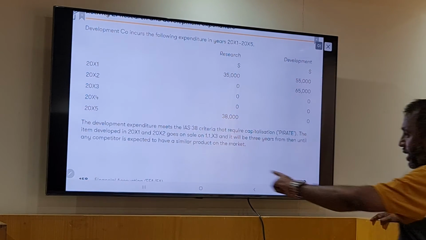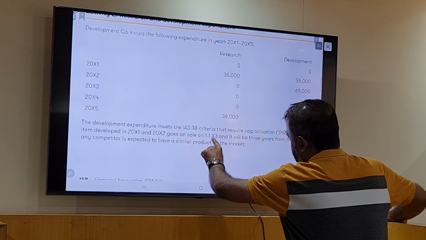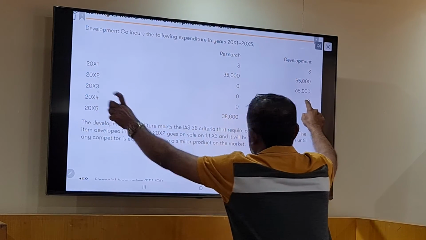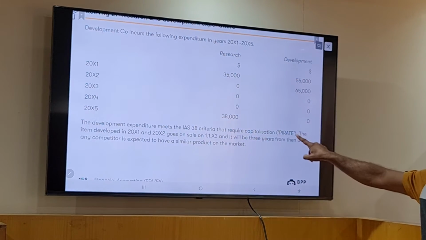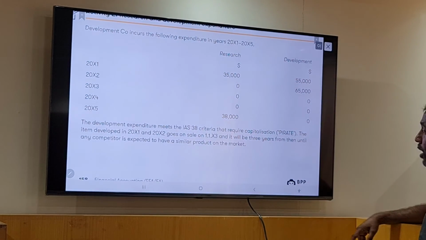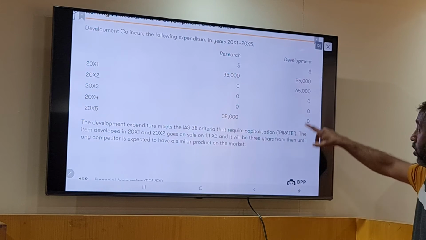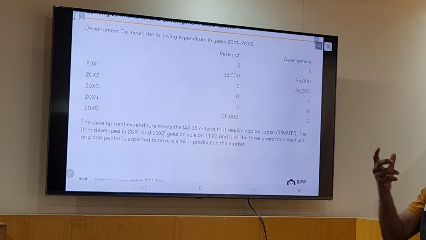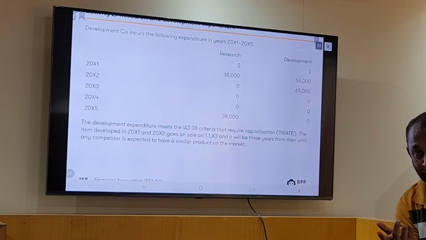You see here they are saying it goes on sale in X3. So from this date only you should amortize. It will be 3 years from then until any competitor arrives. So is this intangible asset with limited life or unlimited life?